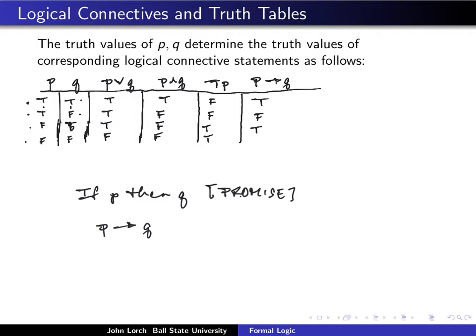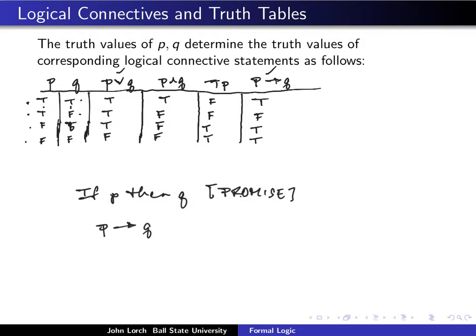Or I could decide not to take him out because he has failed to clean his room. So notice that the if P then Q statement here and the or statement, they are both wanting to be true a lot of the time. In fact, the only way a conditional statement can be false is if the first part, P, is true, and the second part, Q, is false.